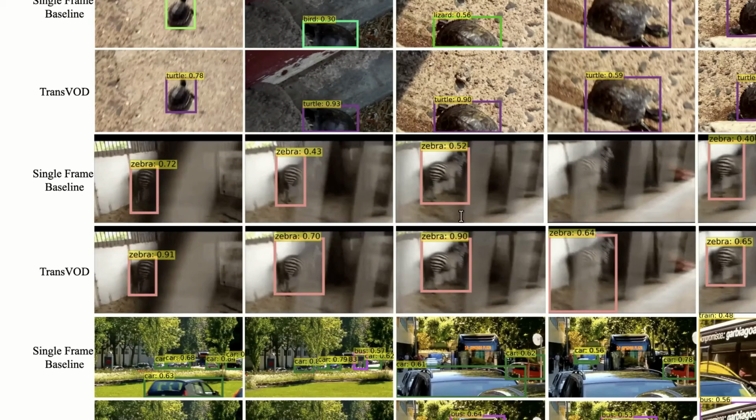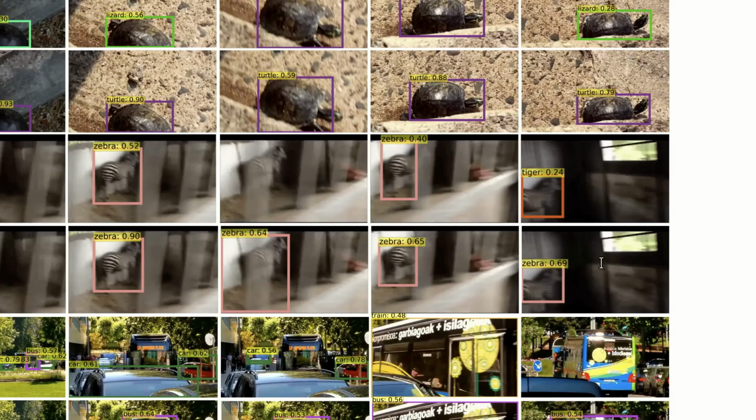Even for higher motion blur, the zebra confidence is quite high, while in the single frame obviously it stays low. And even if the motion blur is even heavier, then we can here detect this as a zebra. And also here when it's almost completely out and not clearly visible, the zebra is detected.